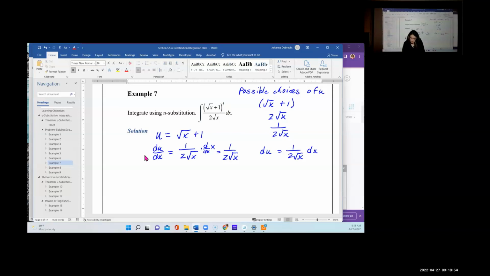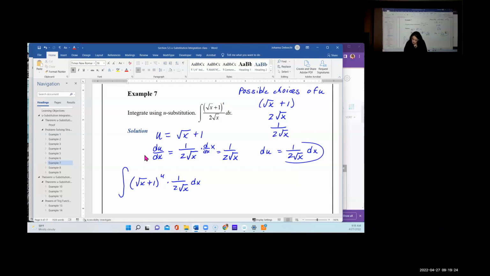And I want to show you a different method this time of solving these rather than solving for dx. Solving for dx will work. It will always work. It never fails. But there is another way that you can do it, which is looking at this problem and sort of pulling it apart into pieces. So we have the square root of x plus 1 to the 4th power times 1 over 2 the square root of x dx.